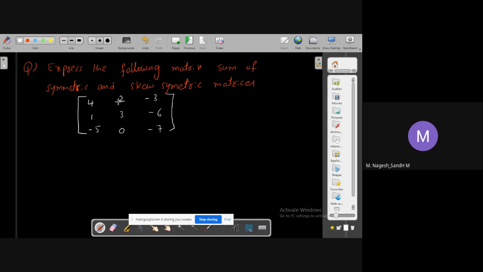So 4 2 minus 3, 1 3 minus 6, minus 5 0, minus 7. Solution. We do one thing, we write the solution on the next page.